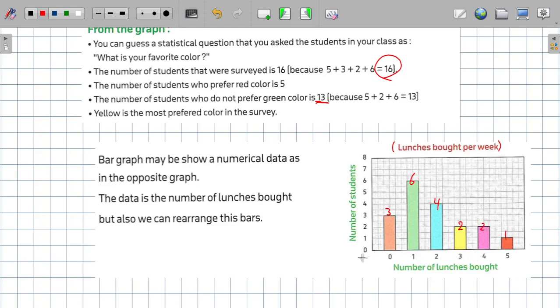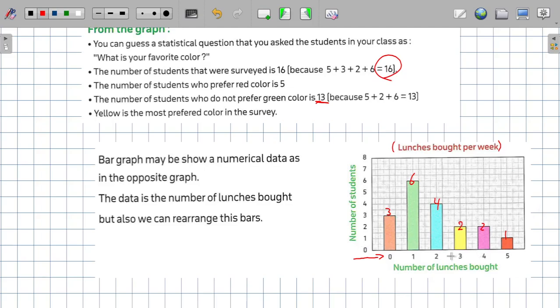Okay, so look, this data here is not categorical data. Okay, it's just numbers. So the data here is the number of lunches bought, but also we can rearrange these bars.